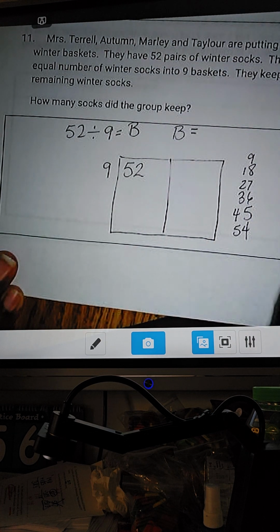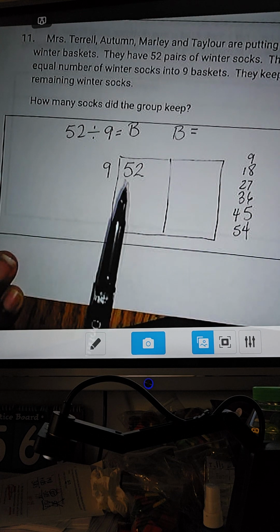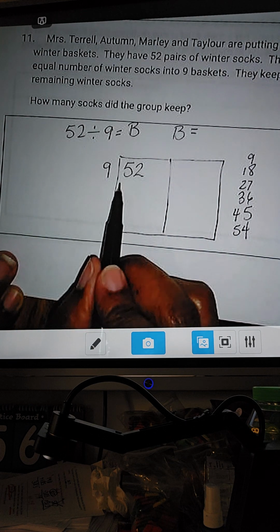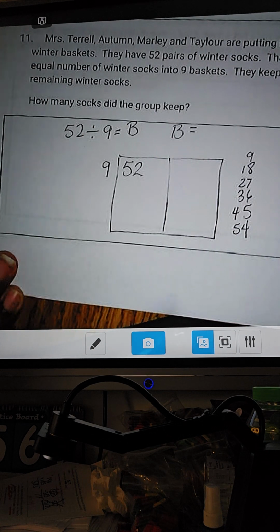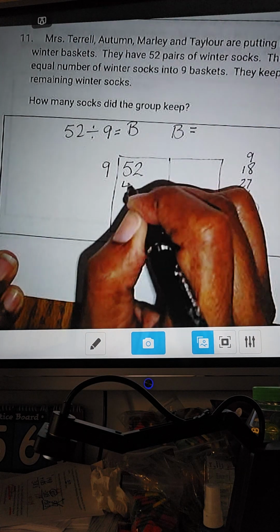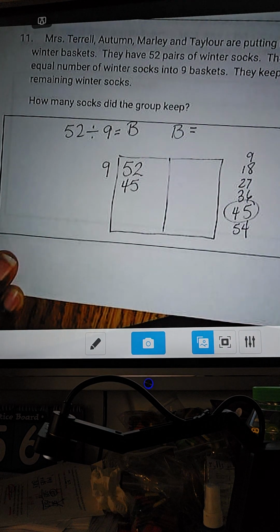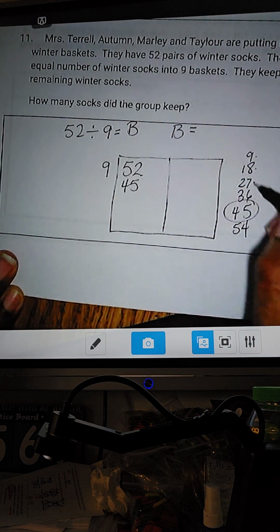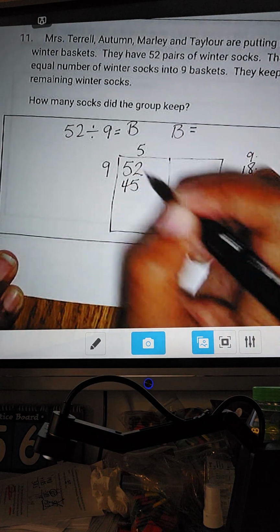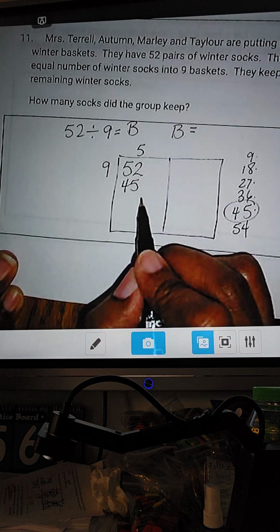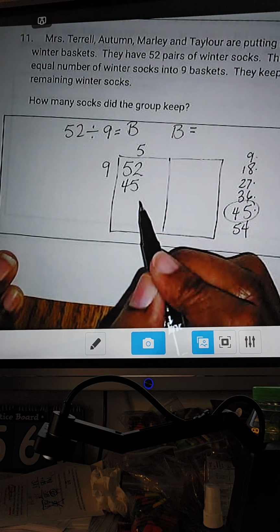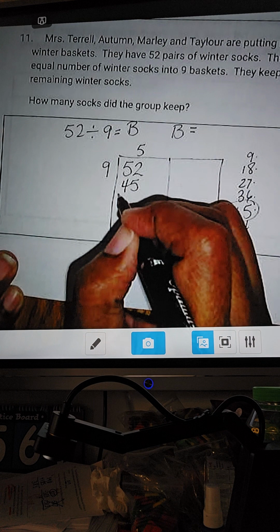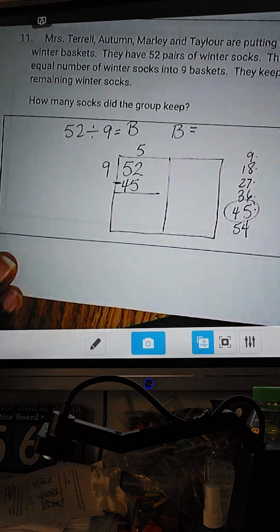That's high enough because 54 is greater than 52. Because I couldn't use the 5, I have to use the entire 52. 45 is closest to 52. 9 times what is 45? 9 times 1, 2, 3, 4, 5 is 45. There are no digits to put a 0 behind, so I hope no one put a 0 there because there's no other digits. Subtract 7.